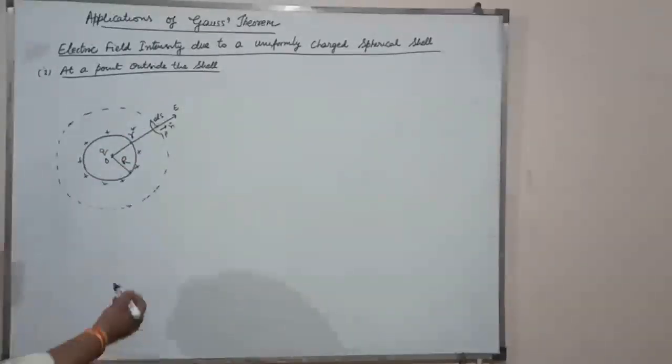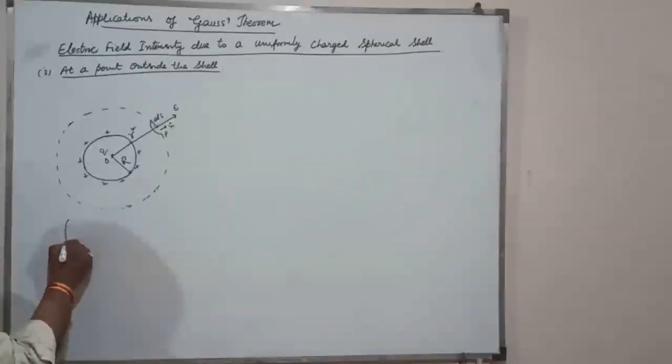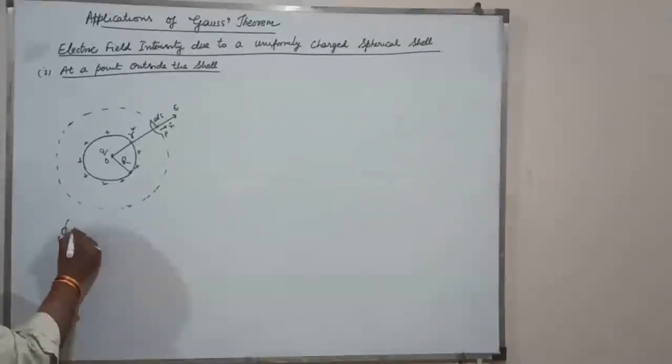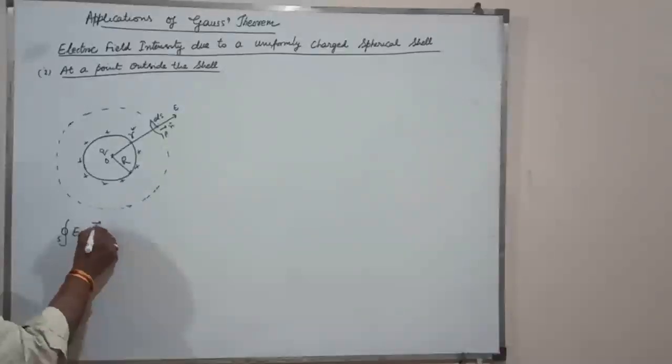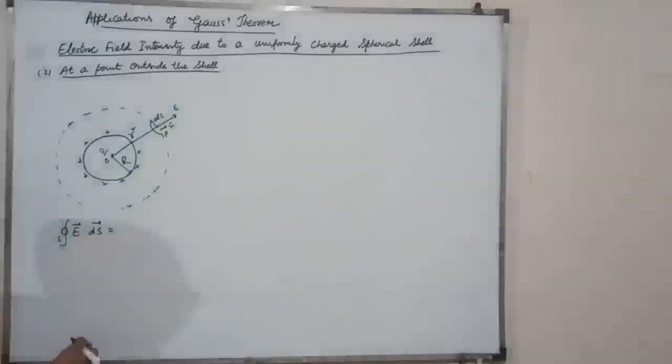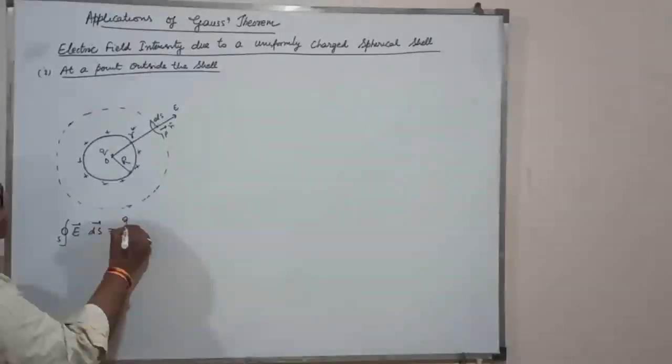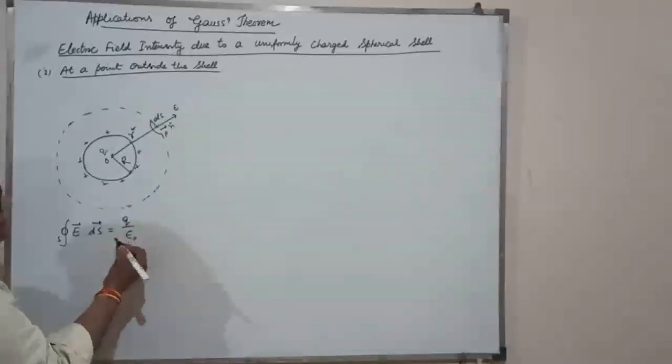Both are parallel, therefore apply Gauss theorem. That is, E dot ds is equal to Q upon epsilon naught.